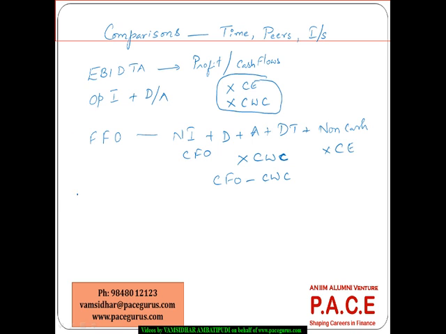Then the most common one that typically gets used is the free cash flow, either before dividend or after dividend. The free cash flow typically goes like net income plus depreciation plus amortization. It is adjusted for capital expenditure, and it also decreases for the change in the working capital.